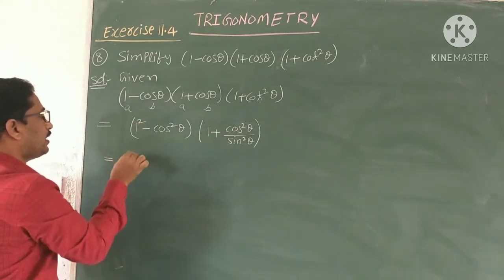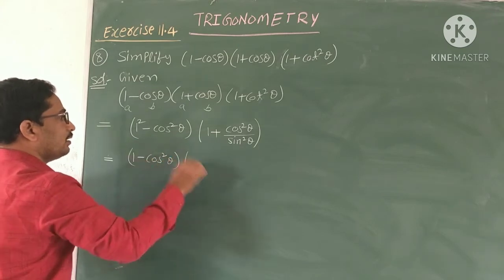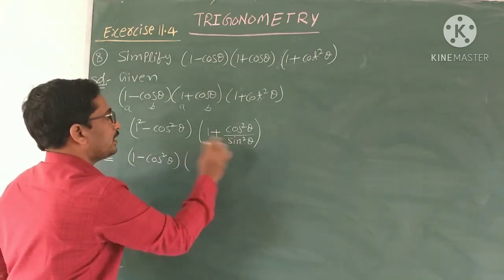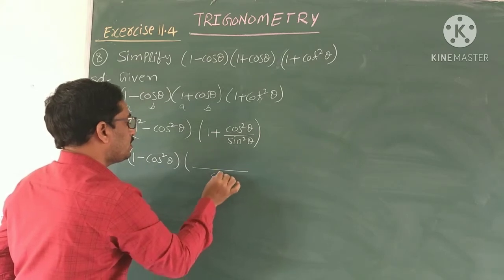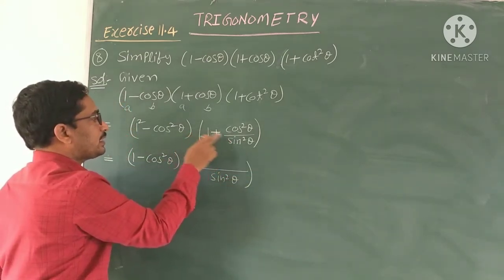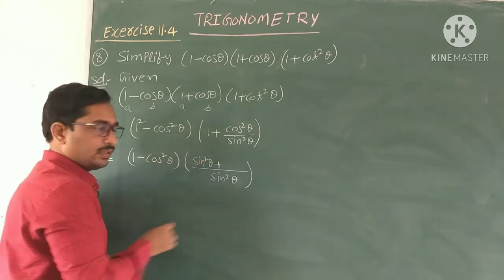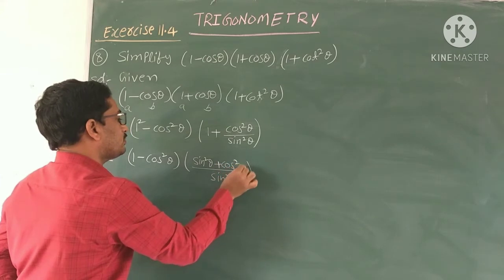Next, 1 square value 1, 1 minus cos square theta. Next, do LCM. Here the denominator is sin square theta, so LCM is sin square theta. Now multiply 1 into sin square theta is sin square theta plus cos square theta.